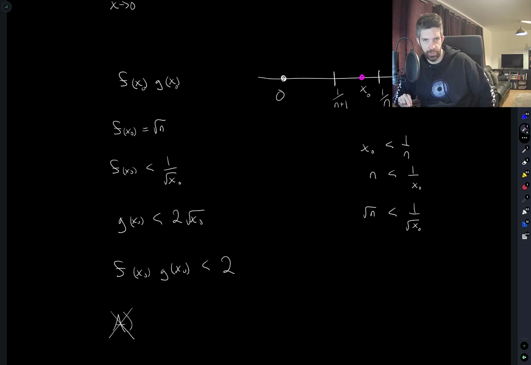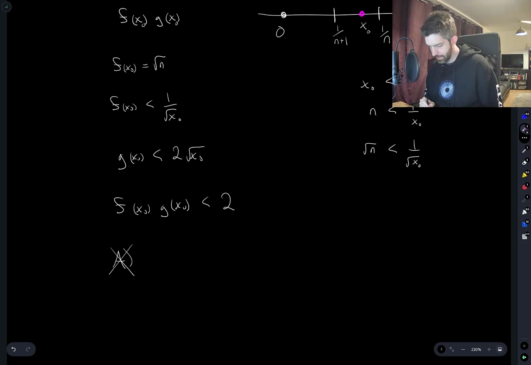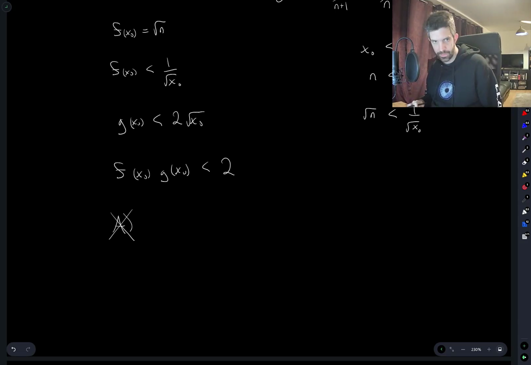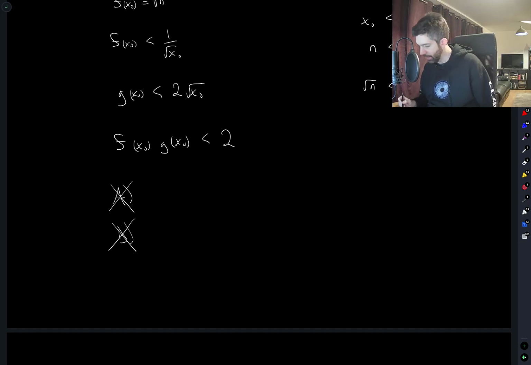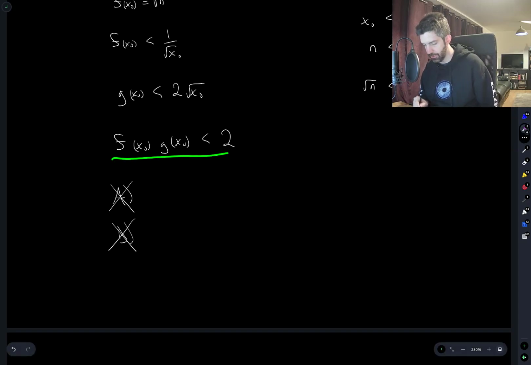So unless it's oscillating in some wild way, and I don't see how that's possible, the limit does converge to something. But what is it going to be equal to? Well, it can't be 3, right? So option D is also thrown out. It can't be 3 because the function is always less than 2.